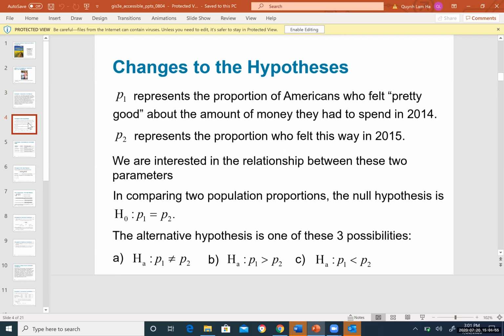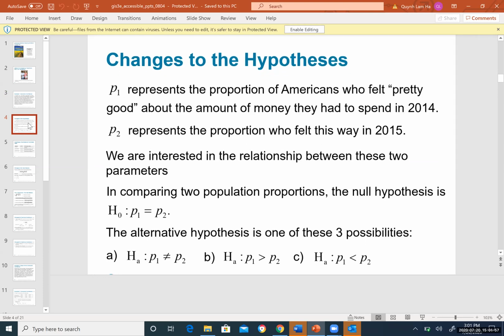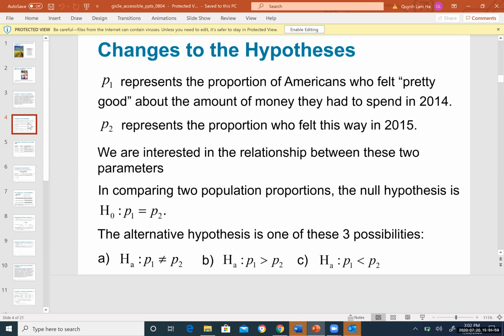Changes to the hypothesis. So here's the explanation for the previous example. P1 here represents the proportion of Americans who felt pretty good about the amount of the money they had to spend in 2014.